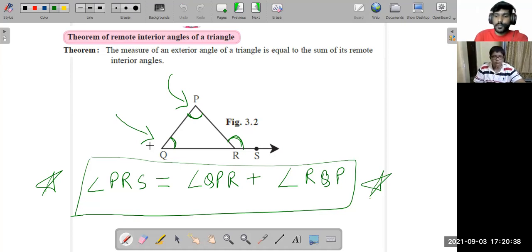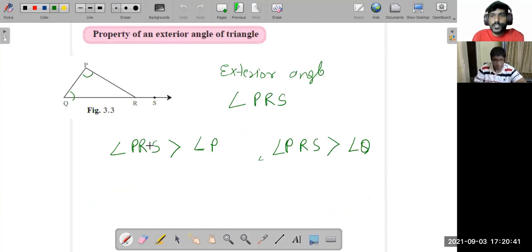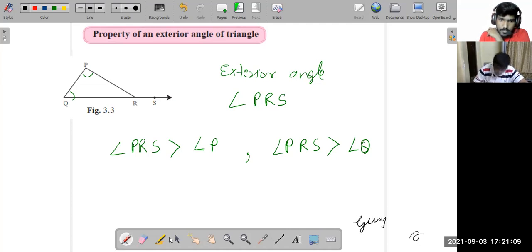Done, sir. Write this, and here also draw the diagram. Write property of exterior angle of a triangle. Done.